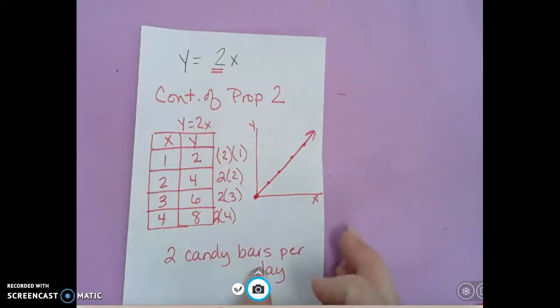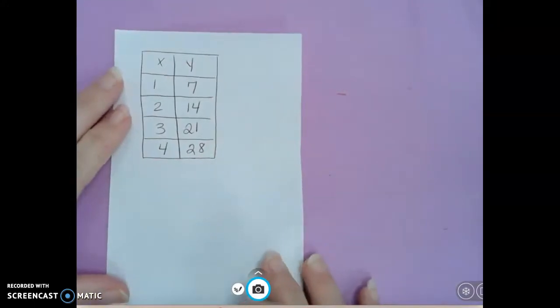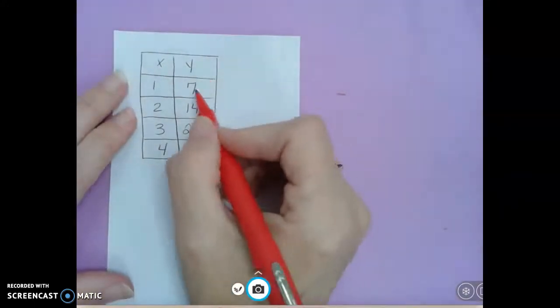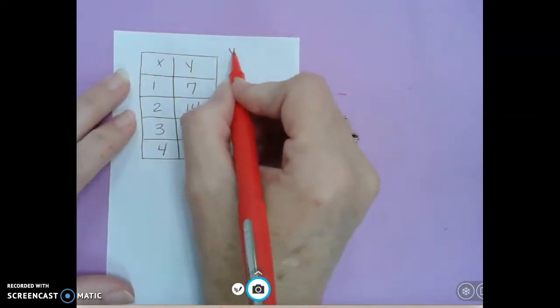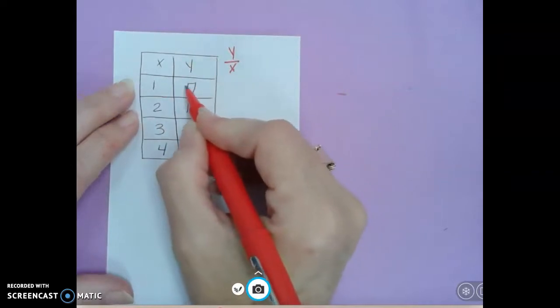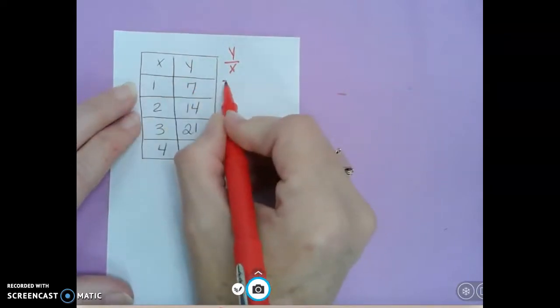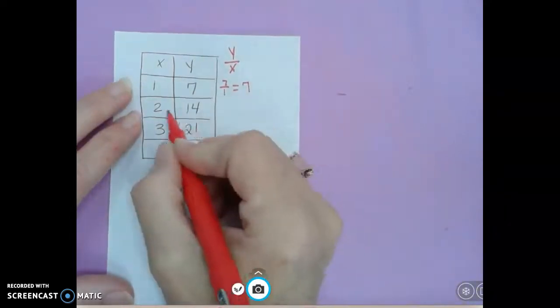Okay? So now we're going to take it from a different view. This time we're going to start with a table. Well, we know that the constant of proportionality is y divided by x. So in this case, it would be 7 divided by 1. And 7 divided by 1 is 7. Let's do 14 divided by 2.